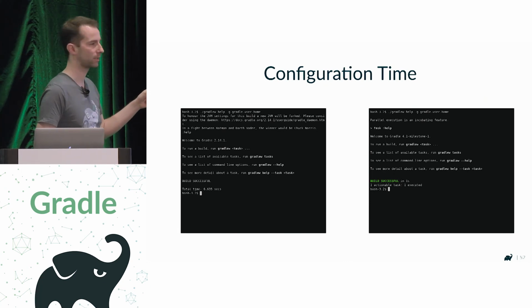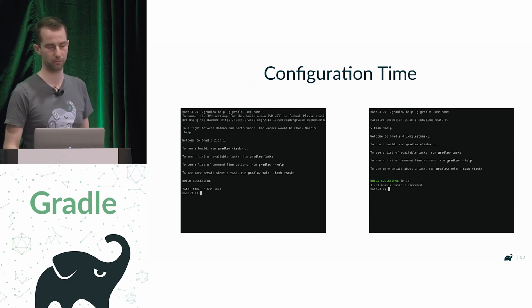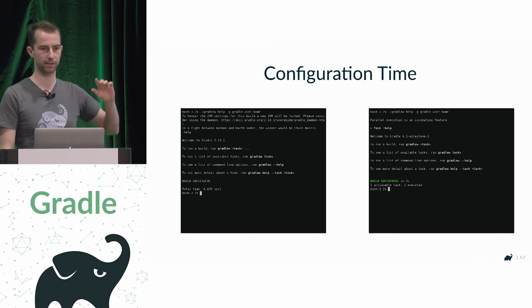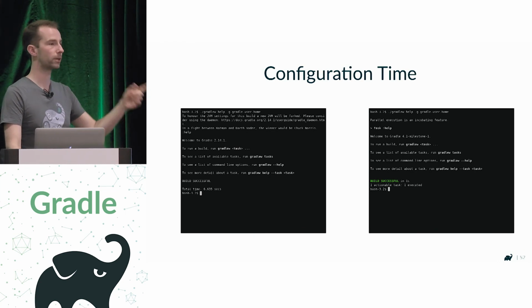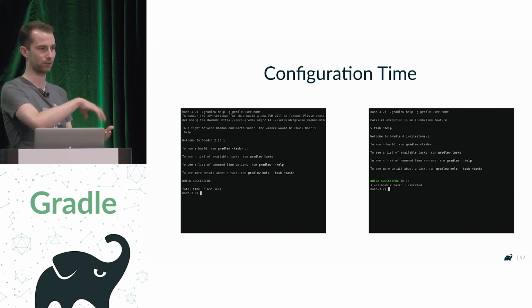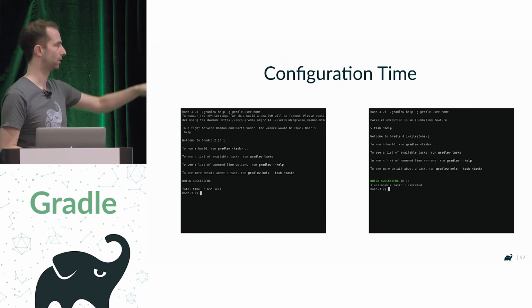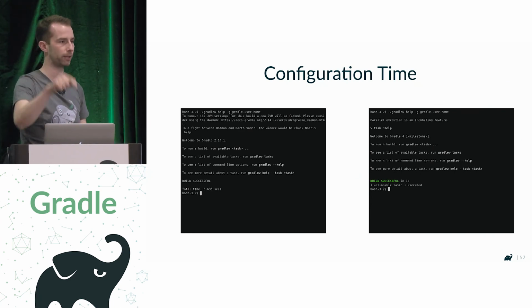That project took about 6 seconds to start up and configure all the subprojects, whereas on the other side, we have about 500 milliseconds plus 500 milliseconds for starting up the command line client. If you're running from the tooling API, you save those extra 500 milliseconds, so that project would be even faster. So when you work from IntelliJ or Eclipse and you double click on running some task, it's even faster than that.